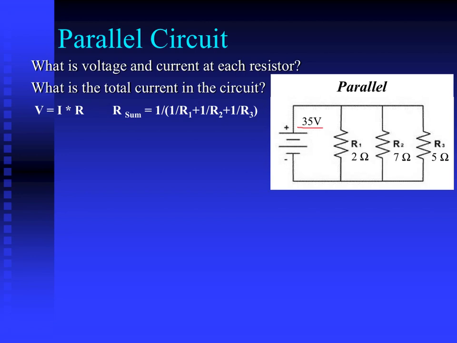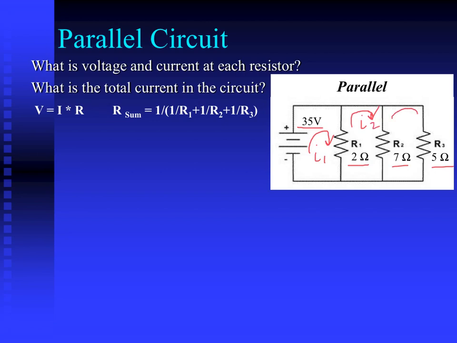We have the same resistors, 2 ohms, 7 ohms, and 5 ohms, but now they're connected in parallel, so that each one of these resistors makes up its own circuit. You have the current going through the first resistor, which is I1. Then you have the current going through the second resistor, which is I2.